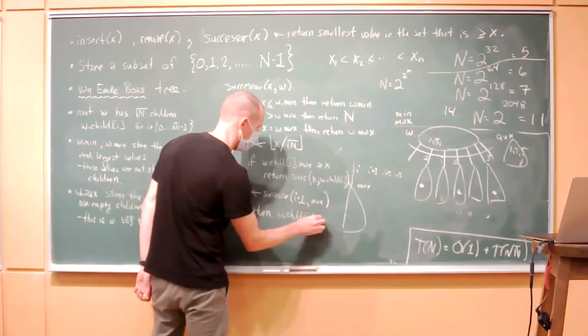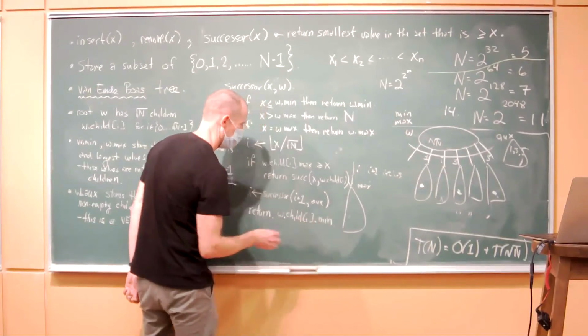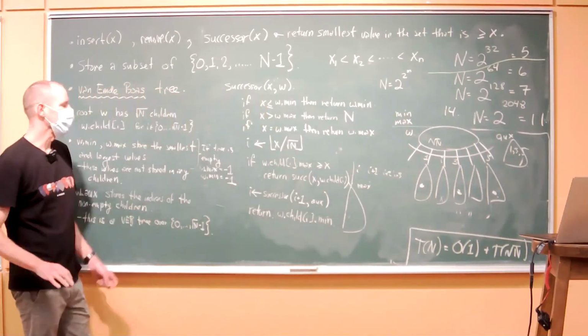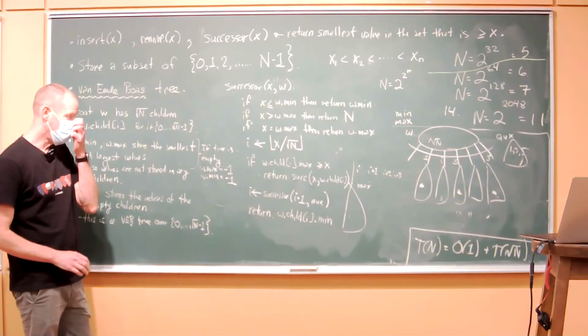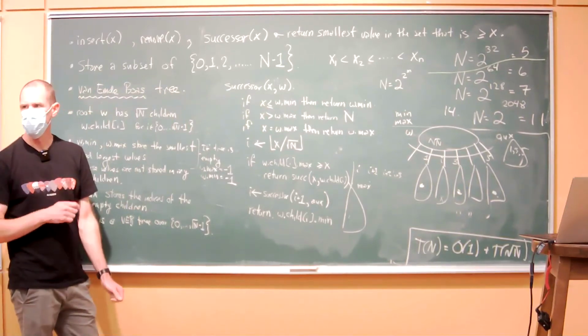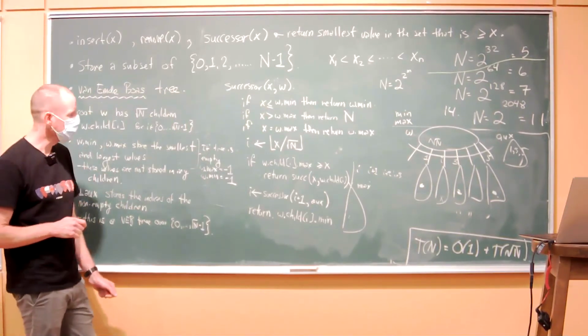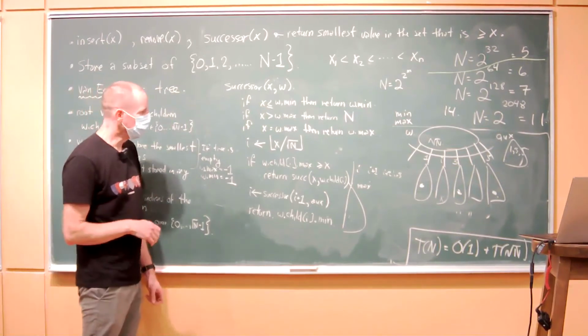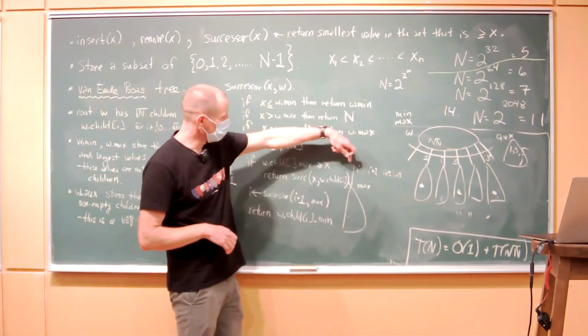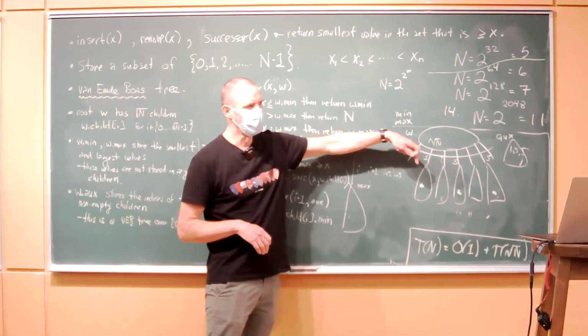Everything in there is bigger than X, and so we want the smallest thing in there. That's the smallest thing that's bigger than X. Nothing happens before that because all those other trees before that one are empty.